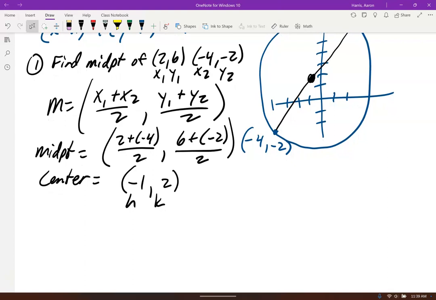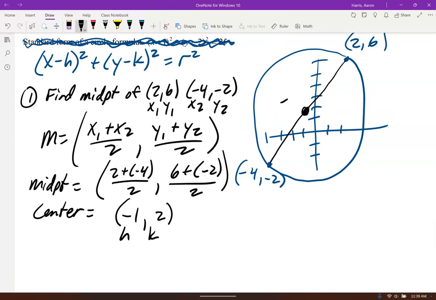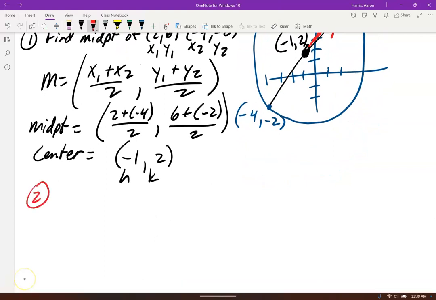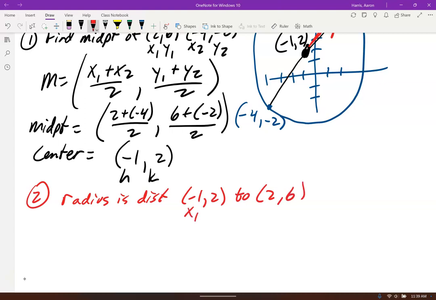And so the radius would be from that -1, 2 to 2, 6, from here to here, right? This would be my radius, or you could do the other side. It doesn't matter. So that's our step 2, find the radius. The radius is the distance from the center to one of the edges. So here's x1, y1, x2, y2.